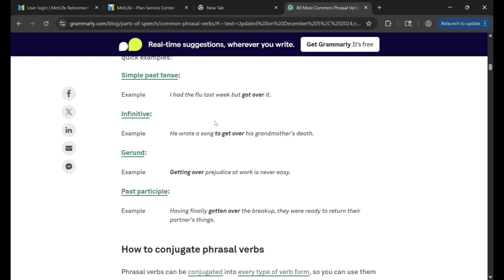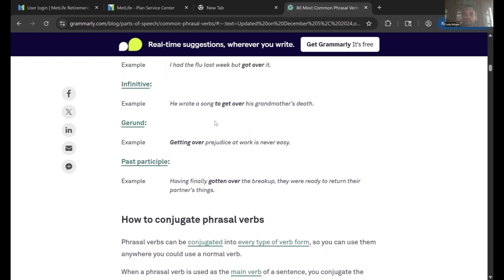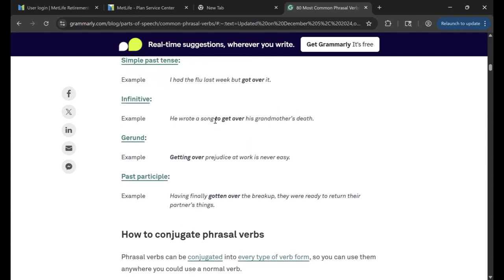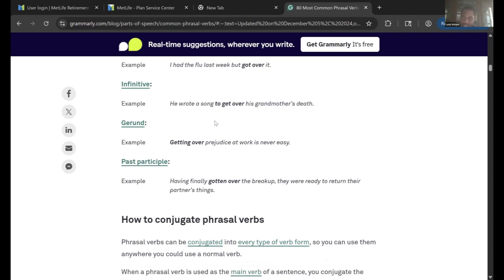No idea. To get over something is to recover from something. So if you are sick and you got over that sickness, that means that you could recover from it. Okay? Does that make sense for everybody? To get over something just means se rétablir, n'est-ce pas? Retrouver sa santé.